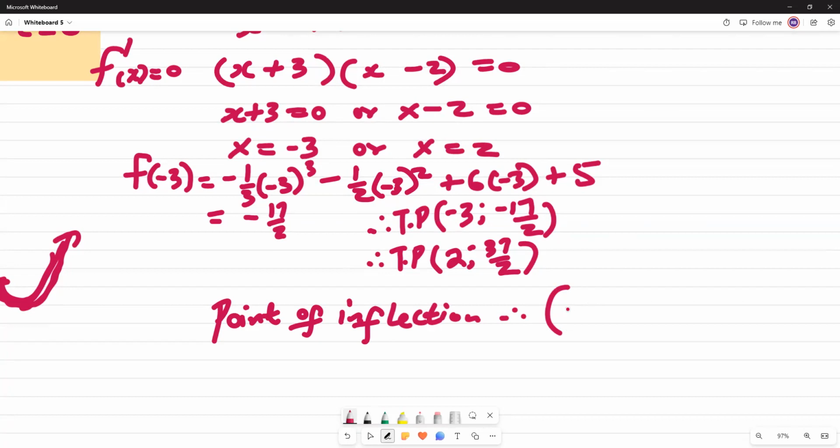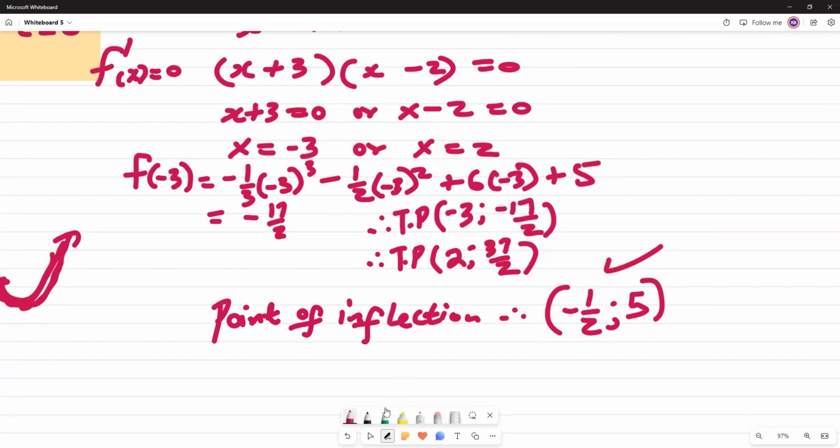So my x value on the point of inflection is half coordinate. I take the first y value, which is -17/2. Then I add it to the second one, which is 37/2. Then I get the answer. I divide the answer by 2. I get 5. So that is my point of inflection.